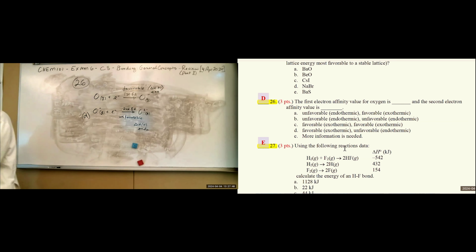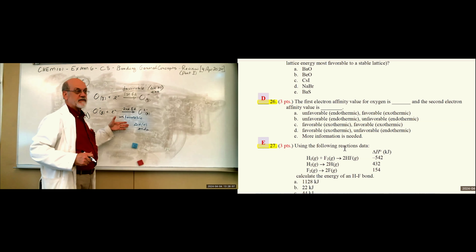Now, I don't know if you're wondering, but we've already said that when oxygen forms an ionic compound with something, it tends to go 2- because it wants to complete its octet. Add one, you get here, add another one, you get to there. Well, we're saying that the first one is favorable, and the second one's unfavorable.